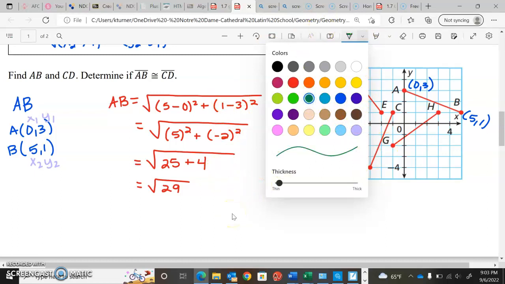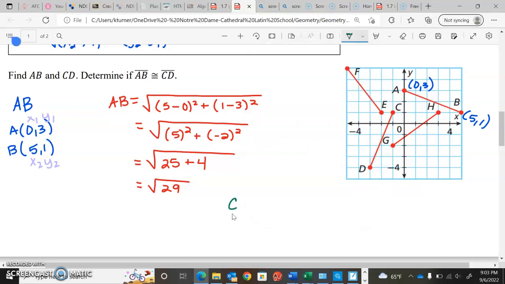So CD, kind of same thing. I first want to identify what my C and my D points are. So C is at (-1, 1). D is at (-3, -4). So C is (-1, 1) and D is (-3, -4).